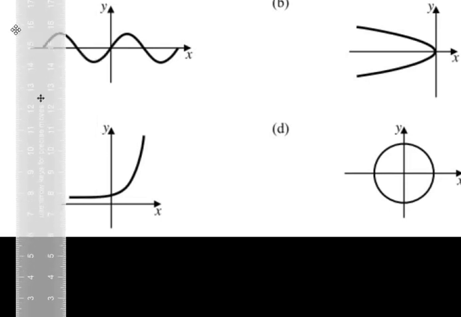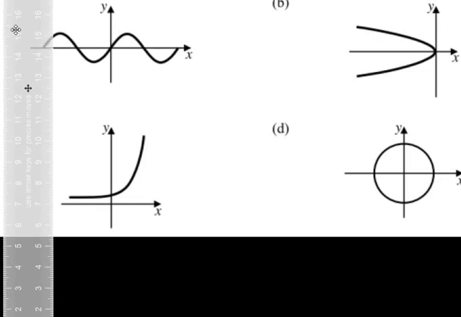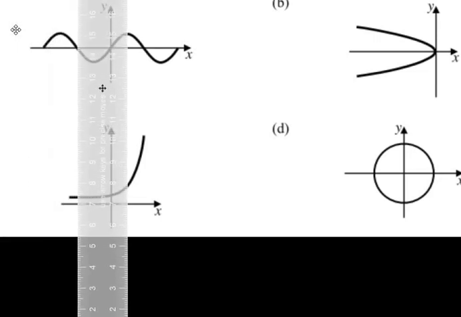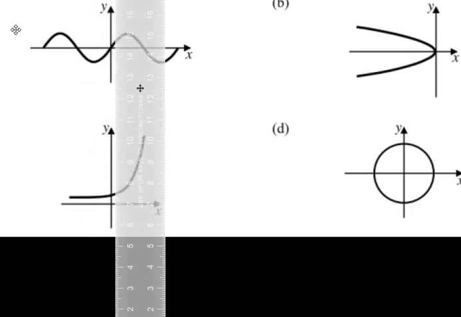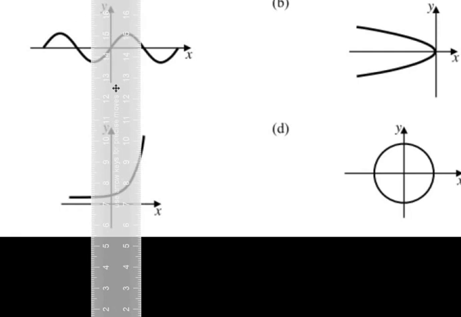We are starting with a vertical line test. I want you to check something. As the ruler is moving to the right, is it touching the graph twice or once? It's once. I'm going to move it again, and it's only touching once.